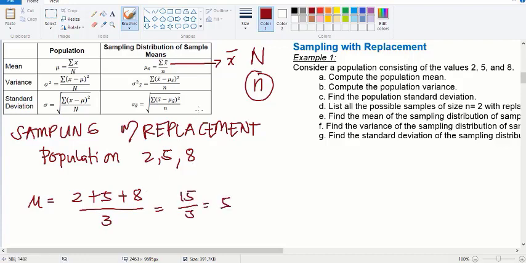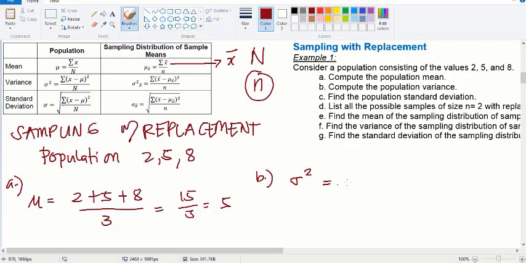Tama ba? Am I right? Sometimes kasi, arithmetic na lang, mali pa yung ano ko. Okay, anyway, just correct me if I'm wrong. And then, ang variance, tama ba? Variance ba ang sunod? So, letter B, this is letter A. Ang letter B naman is compute the population variance.